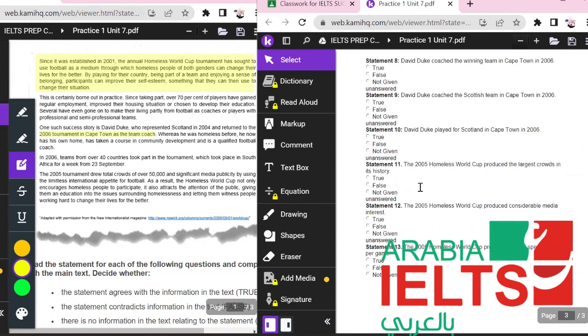Now, the last three are about our last paragraph. The first one, statement 11: the 2005 Homeless World Cup produced the largest crowds in its history.